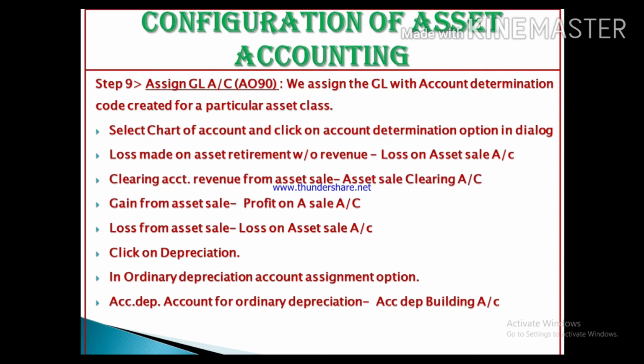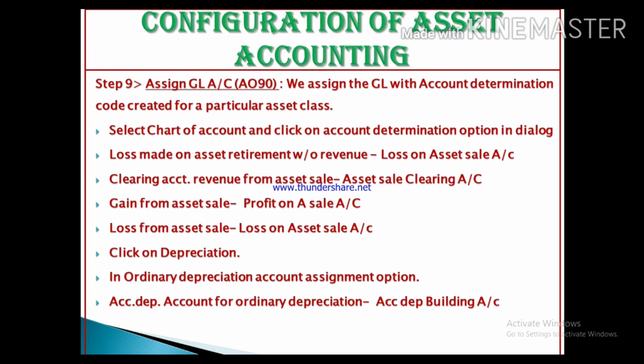Like we have created the asset class for building and we have created all the required GLs for a building. So in this step, we assign those GLs which we have created with our asset class.